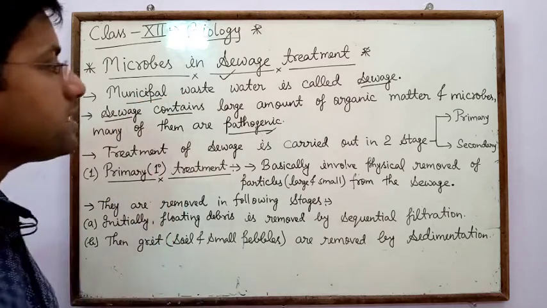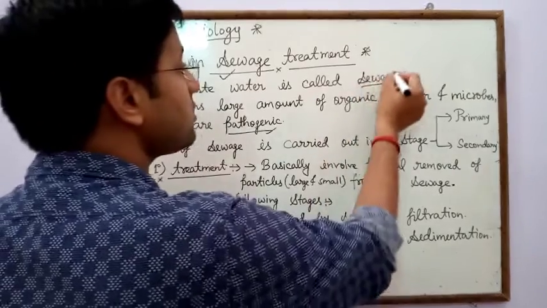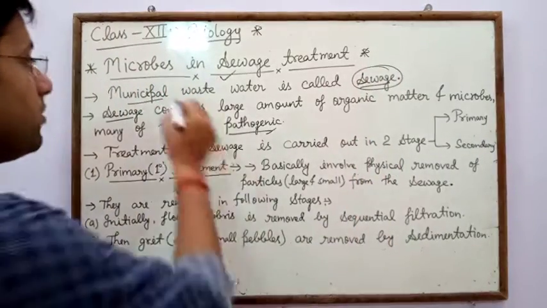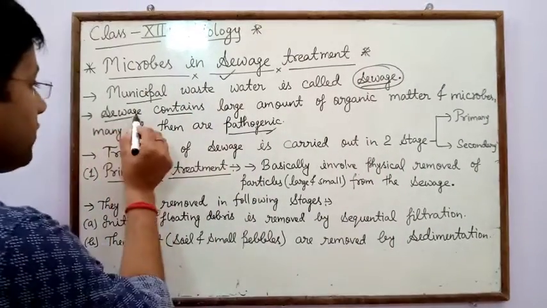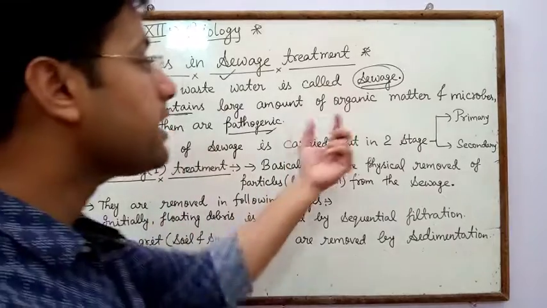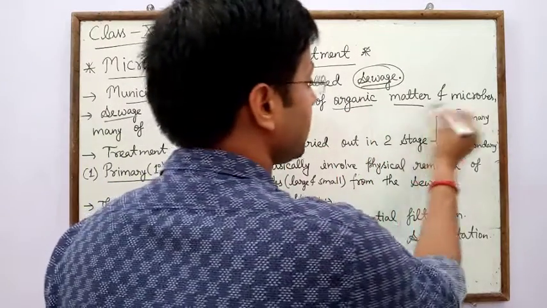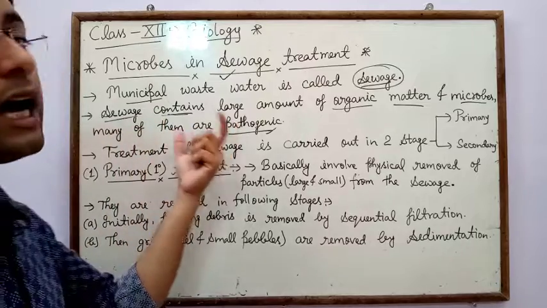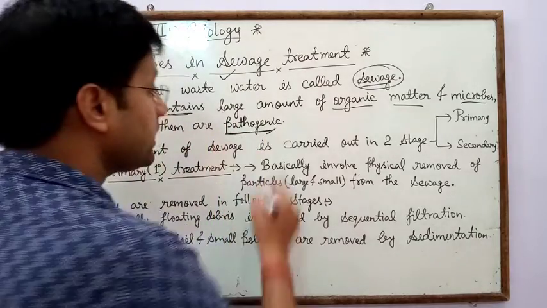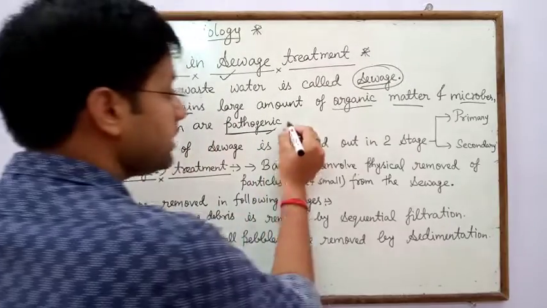Municipal wastewater is called sewage. Sewage contains a large amount of organic matter and microbes. Many of them are pathogenic. What is the meaning of pathogen?